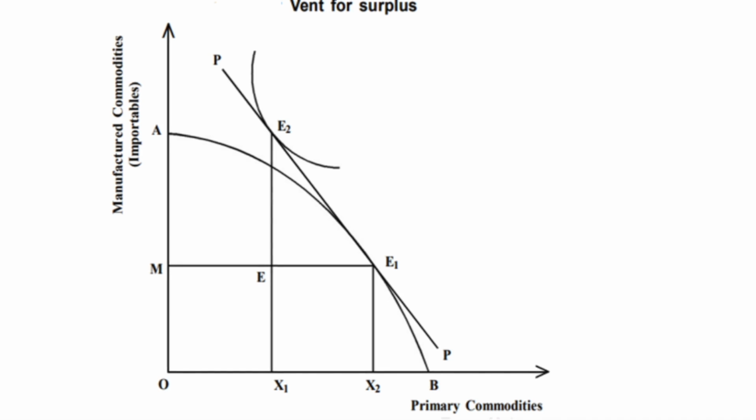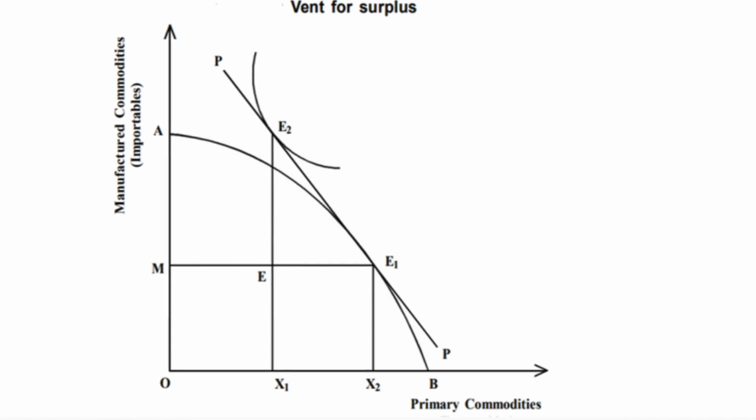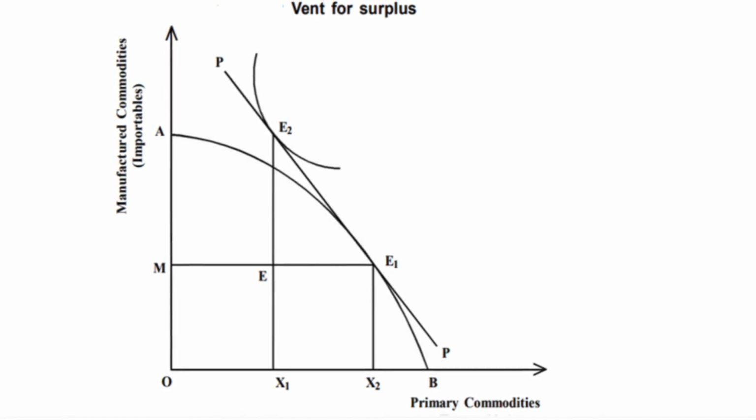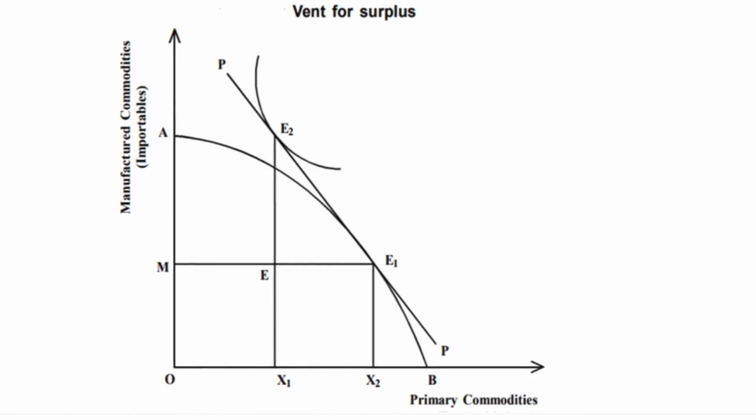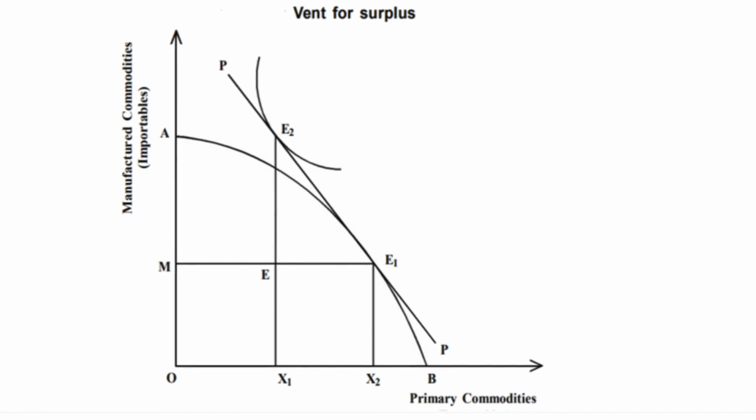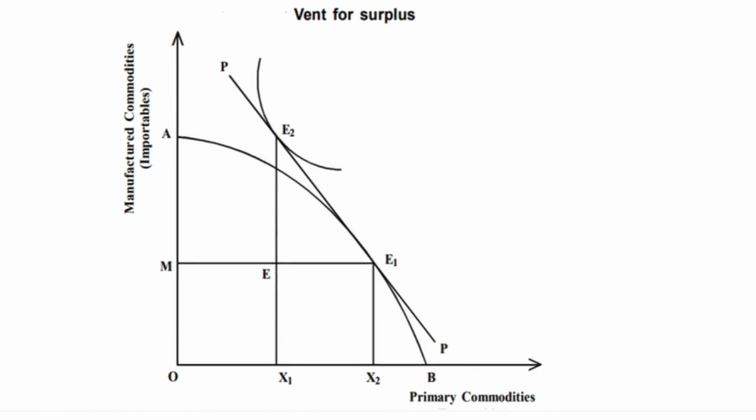To explain vent for surplus, we use diagram 3, where the x-axis represents primary commodities and the y-axis represents manufactured commodities. Primary commodities, or exportable goods, are plotted along the horizontal axis, and manufactured goods, or importables, along the vertical axis. In figure 3, AB is the production possibility curve if resources are used fully.